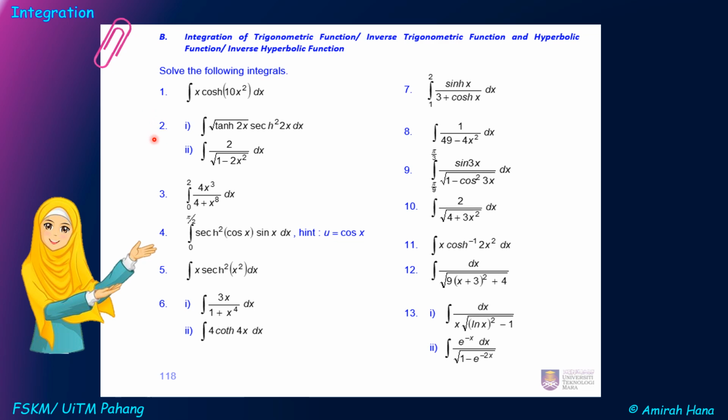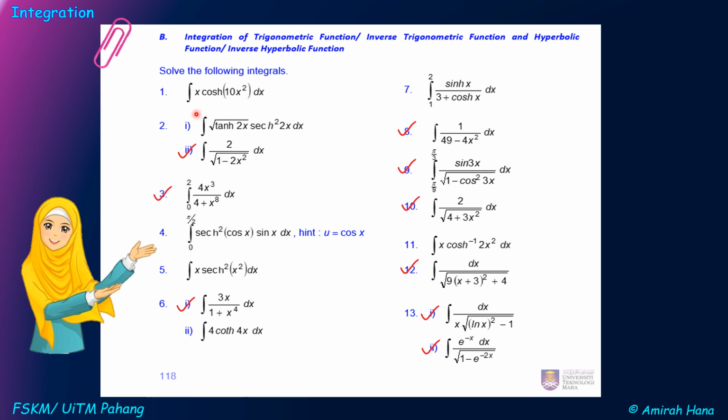Okay, dalam kelas kita dah discuss nombor yang ni, number 2 Roman, and then number 3, number 6 Roman 1, and then number 8, number 9, number 10, number 12, number 13 1 Roman and 2 Roman. Okay, semua yang kita dah discuss ni ialah bila kita integrate, kita akan dapat either inverse trigo function or inverse hyperbolic function.